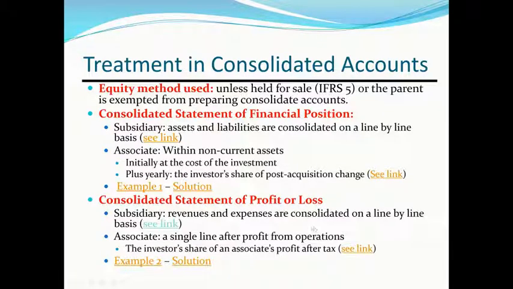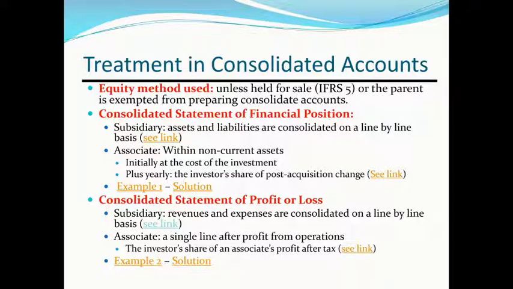Moving to the associate. If we have an investment in an associate, the accounting treatment according to the equity method is a single line after profit from operations, and this single line will include the investor share of the associate profit after tax. So this is mainly the accounting treatment of the associate. It is one line consolidation.